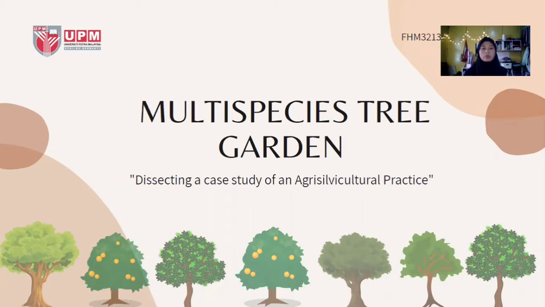In this video, we're going to share about a case study in multi-species tree garden, which is known as Dusun. This multi-species tree garden is one of the agriculture practices.